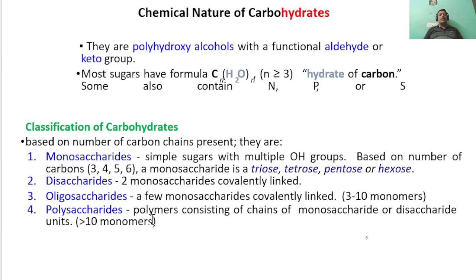The third one is oligosaccharide, a few monosaccharides covalently linked, which is usually 3 to 10 monomers. And the last one is called polysaccharides, that is polymers consisting of multiple chains of monosaccharide or disaccharide. Usually more than 10 single unit monomers is considered to be polysaccharide.